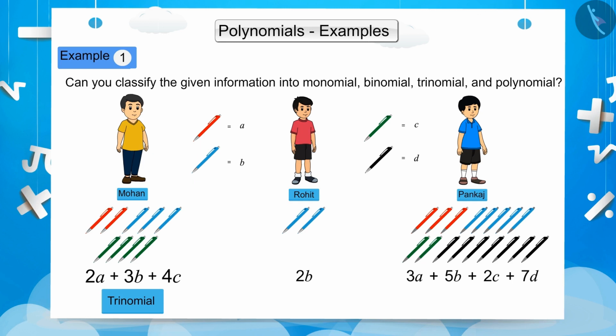Similarly, Rohit has a single type of pen with him, so 2B is a monomial. Now if we take a look at Pankaj's pens, there are 4 types of pens with him. Hence, 3A plus 5B plus 2C plus 7D is a polynomial.